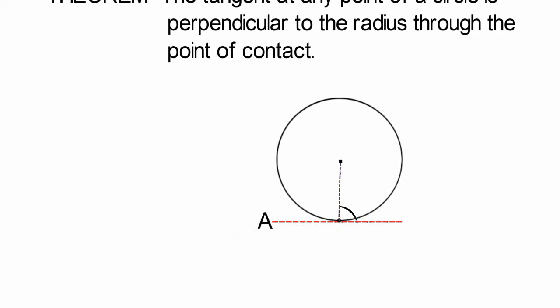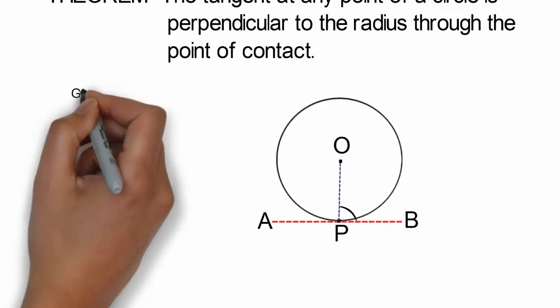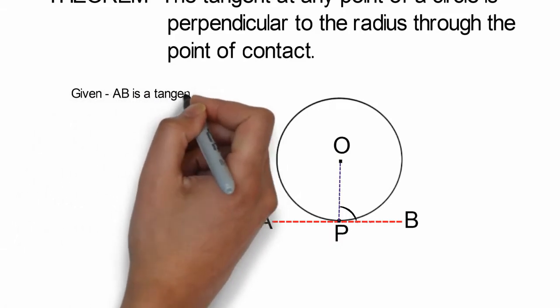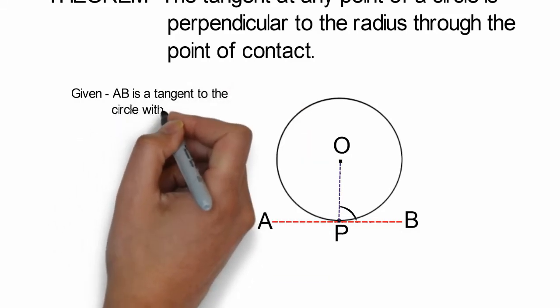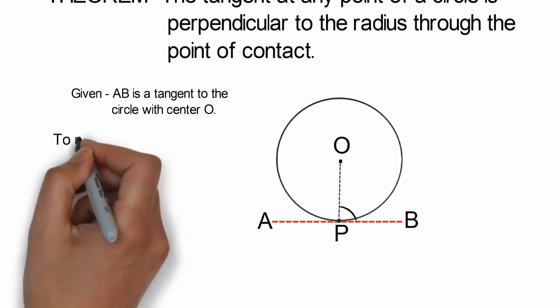Let the name of the tangent be AB, the center point be O, and the point of contact be P. Now let us write what is given. AB is a tangent to the circle with center O. What we have to prove?